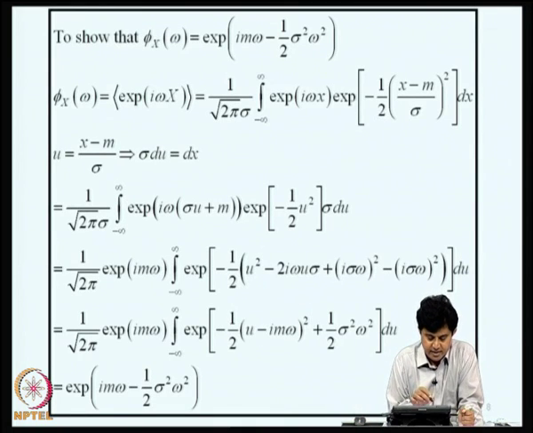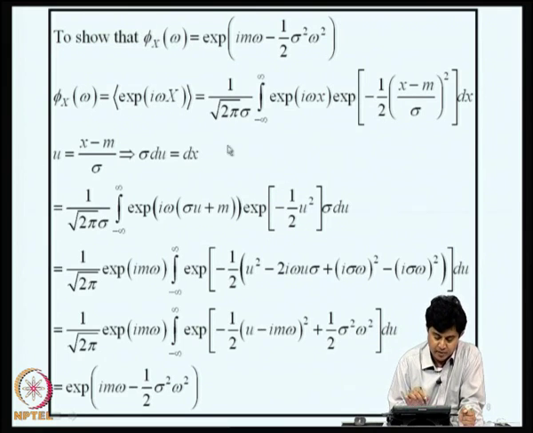Now characteristic function is again in terms of m and sigma, as we already know, but how do we show that this is correct? So definition of characteristic function is expected value of exponential of i omega x, and this is the integral. So now we begin by making the substitution (x minus m) by sigma is equal to u, and upon this substitution the exponent becomes u square by 2, and there will be slight rearrangement of these terms.